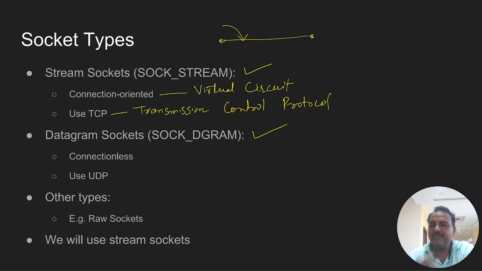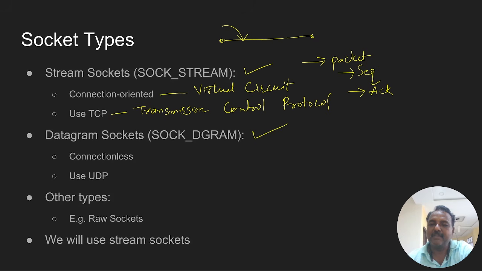And the advantage of connection oriented network or connection oriented protocol or socket streams is that whatever data we send from the sender to the receiver will be sent in a sequential manner. Okay, so whatever packet we send is sent in a sequential manner, and every packet is going to send an acknowledgement to the sender.